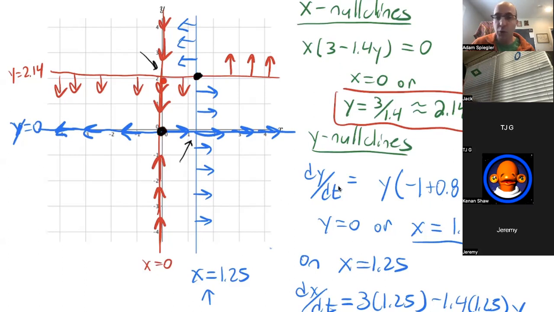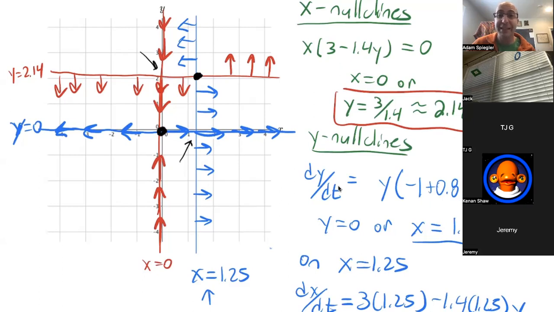If I have a red nullcline, an x-nullcline, intersecting with another x-nullcline, this is just telling me dx/dt is equal to 0, but there is a vertical component, so this is not an equilibrium because dy/dt is not 0.